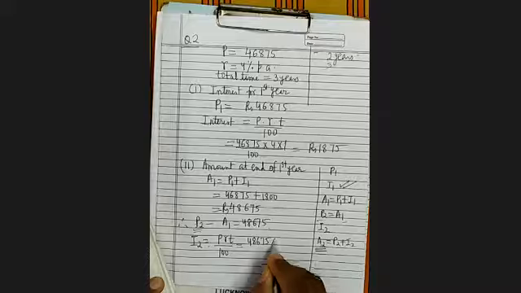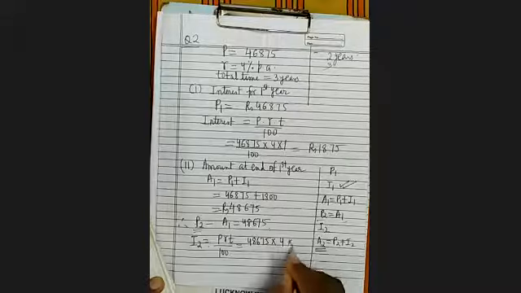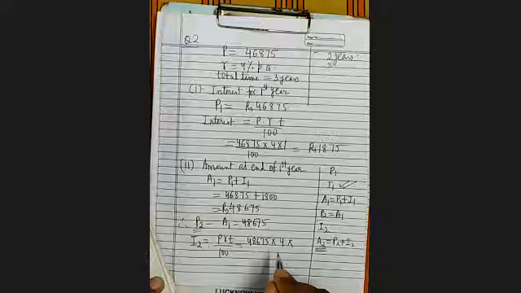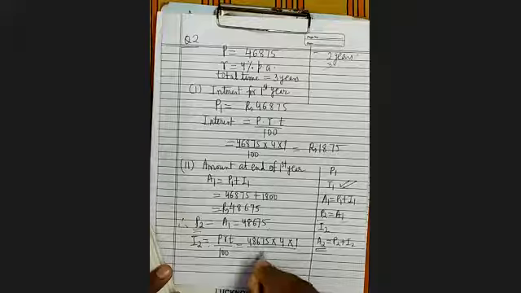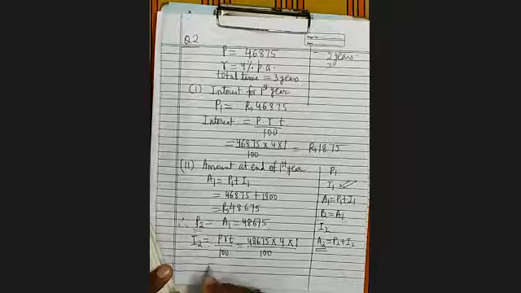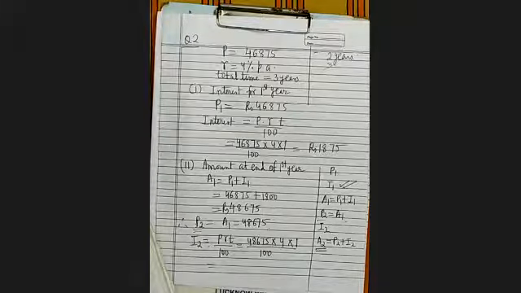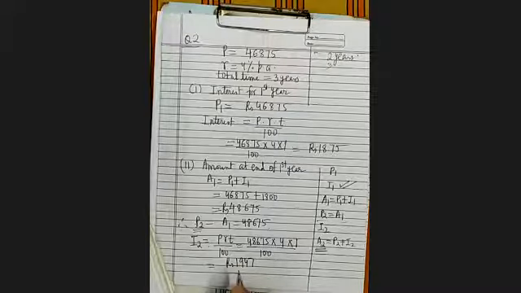Rate is how much? 4. What will be the time? Sir, 2. No, wrong, I just told you, 1, upon 100. So this will equal P into 4 upon 100, which is rupees 1947. Is it clear?